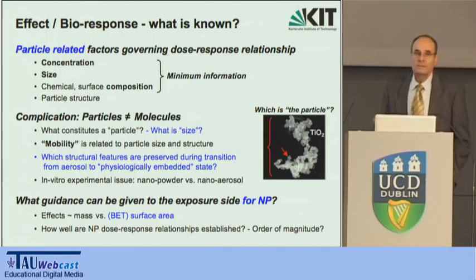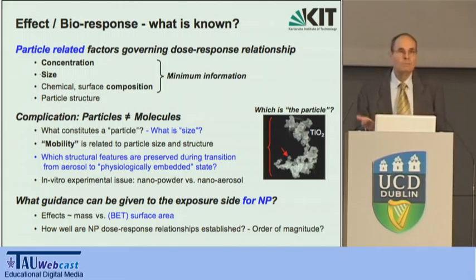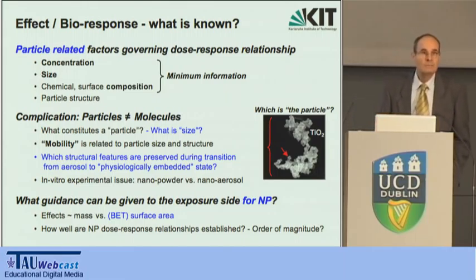Well, without even knowing a lot about this discipline, one can fairly easily say that particle-related factors will be their concentration, their size, obviously. We wouldn't be talking about nano here in this audience if the size effect were not a critical aspect of this particulate nature.